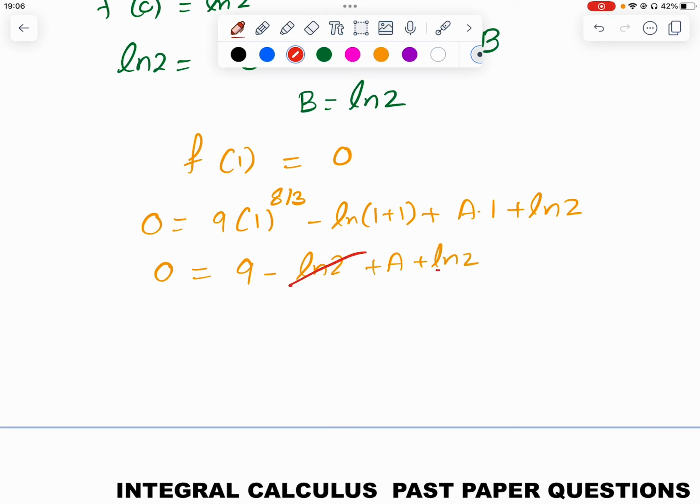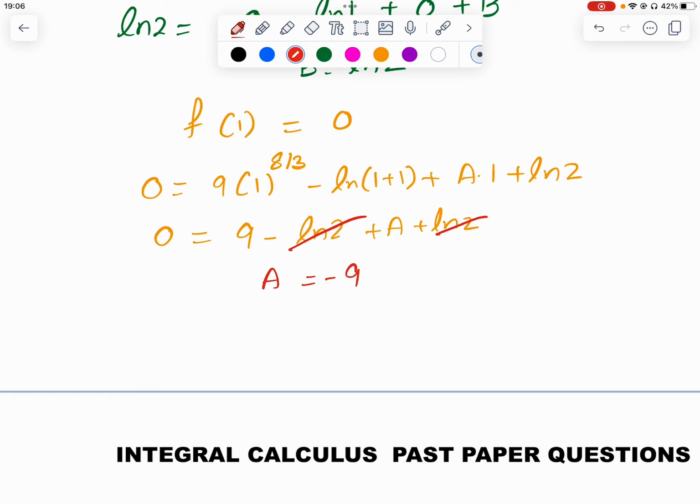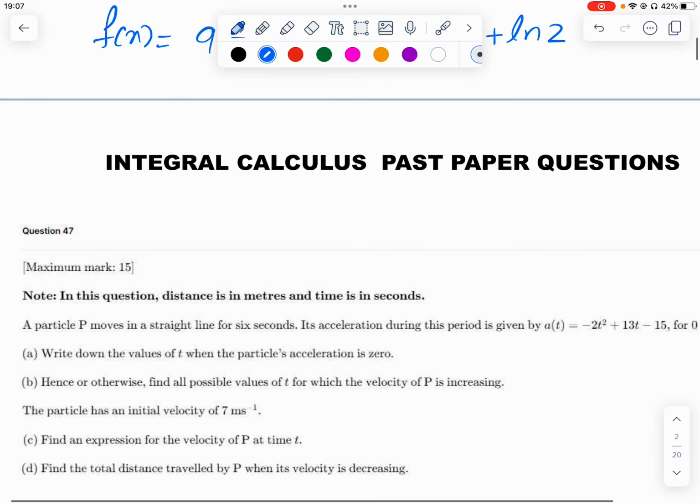So ln 2 cancels. So a equals nothing but negative 9. So what will be my f of x then? My f of x is going to be 9 x power 8 upon 3 minus ln of x plus 1 minus 9x plus b, where b is ln 2. This is going to be the answer for question number 46.